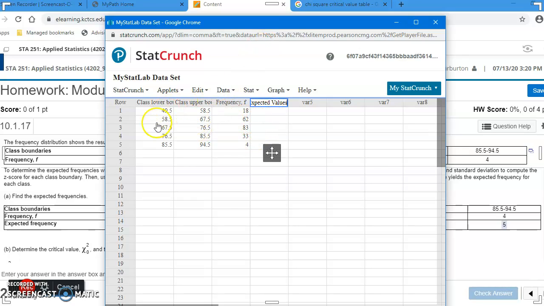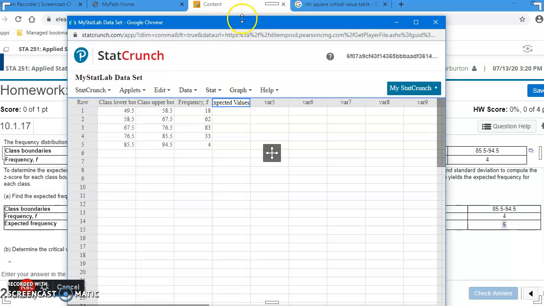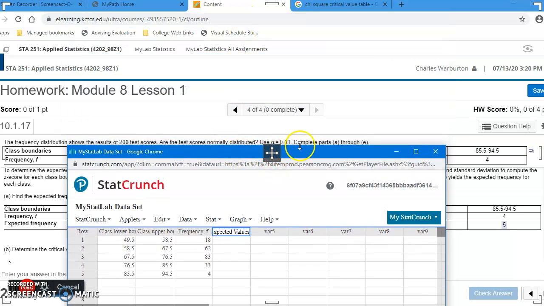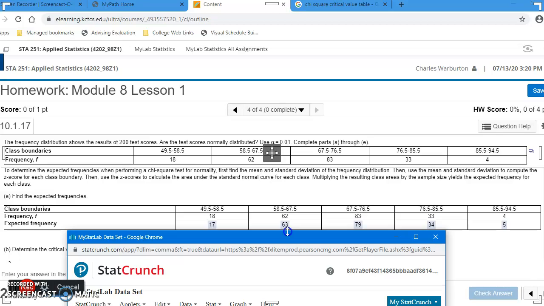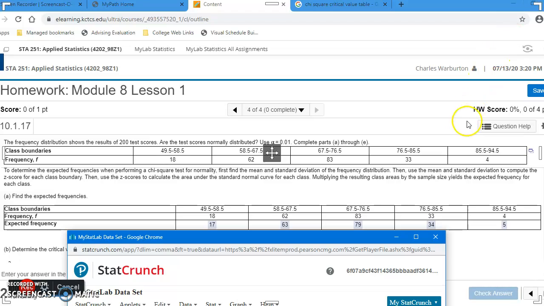The expected values are 17, 63, 79, 34, and 5.